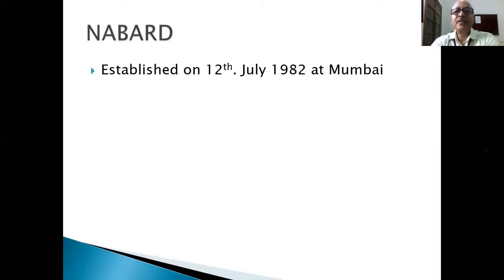Later on when it became NABARD, they combined the agriculture credit department and ARDC, and thus in those offices came up an organization known as NABARD.